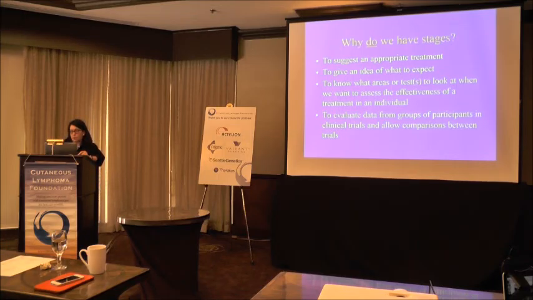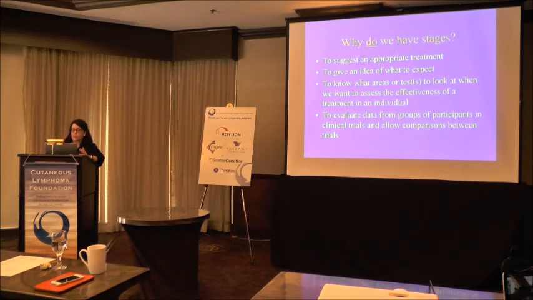Another reason why people do staging is to be able to know after somebody's treated, how did the treatment work? So if you didn't know where it started, then you don't know where to look. So that's another reason. And the fourth reason is that when we're doing clinical trials, we have to have participants in order to understand how something works and to be able to compare it to something else.